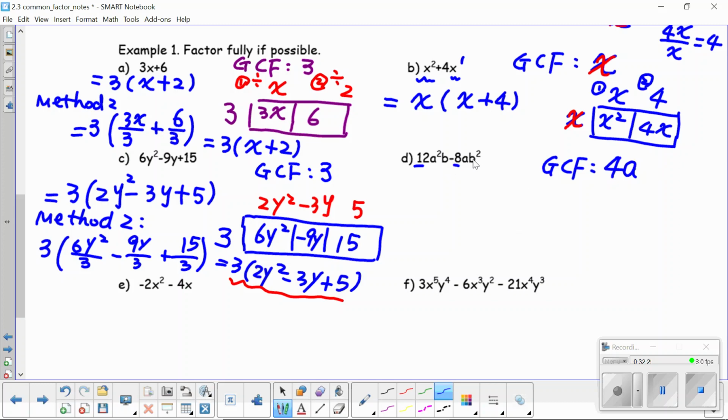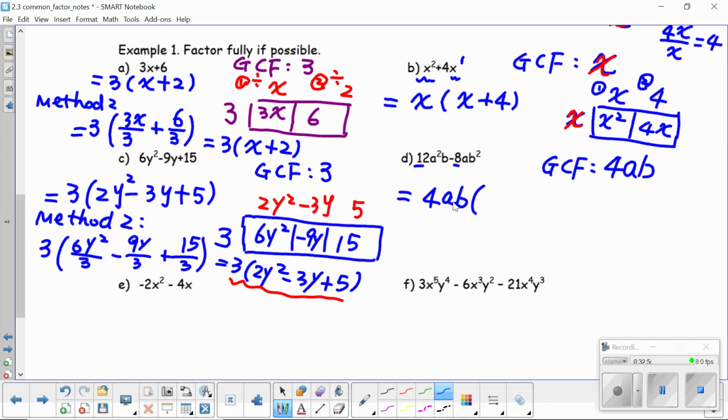And b squared, b is a common factor, the lowest degree for each variable. You need to make sure it has that variable in each term, otherwise that variable is not common. Now we are going to 4ab, then bracket.